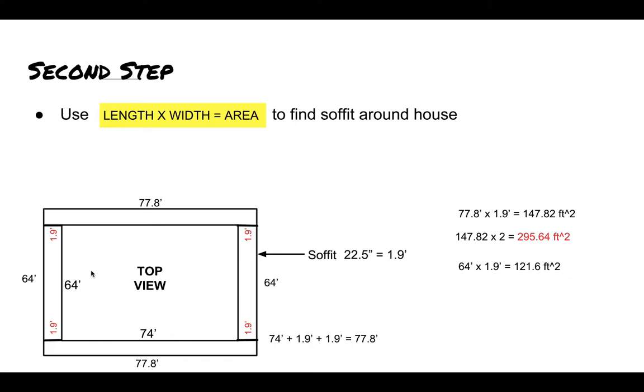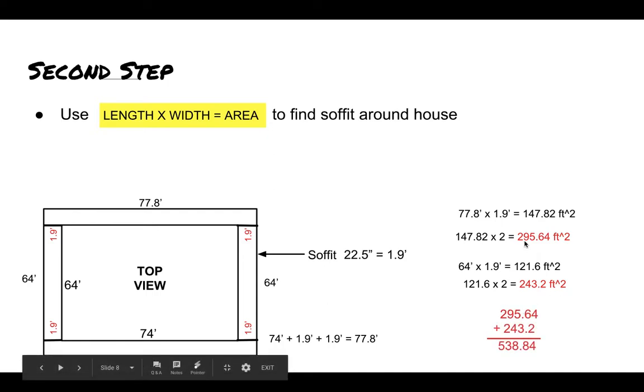Now since the left and right sides have remained untouched, we will just do 64 feet times 1.9 feet. This gives us 121.6 square feet, and we'll also times that by 2, which gives us 243.2 square feet. Now all we must do is add 295.64 plus 243.2, which gives us 538.84 square feet.